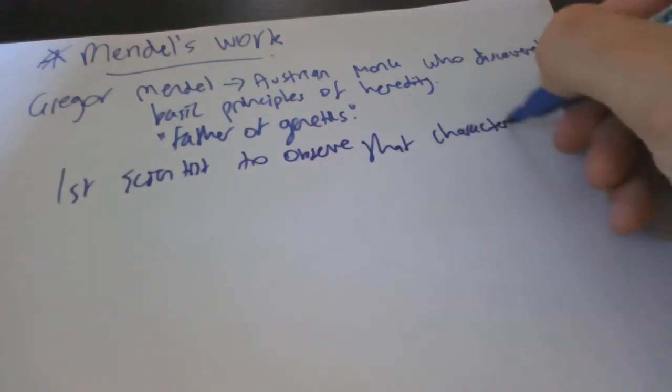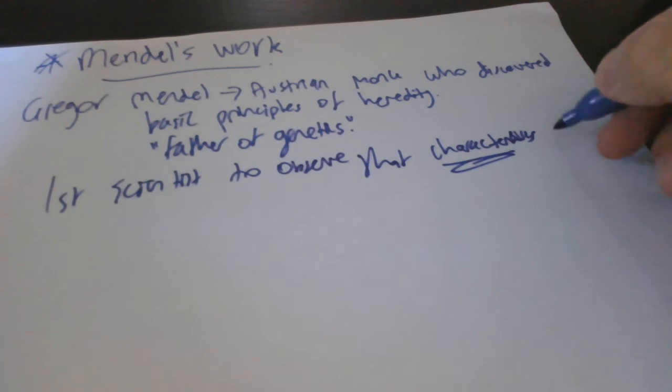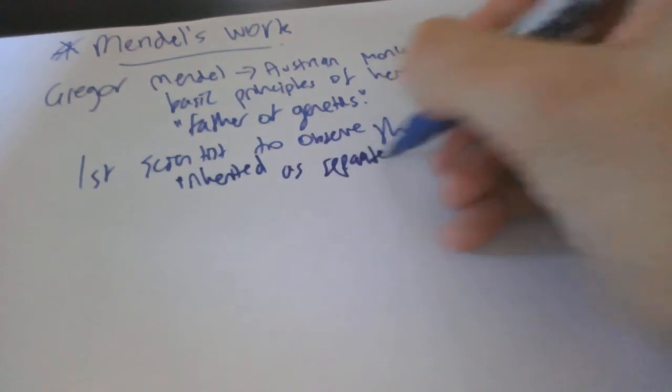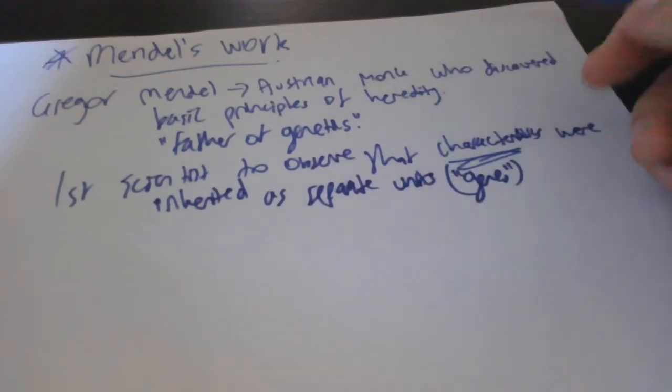So characteristics are like qualities, right? Your genes and your DNA carry qualities. Characteristics were inherited as separate units, and these separate units we now know to be called genes. Remember, genes are part of DNA, a small segment of DNA.